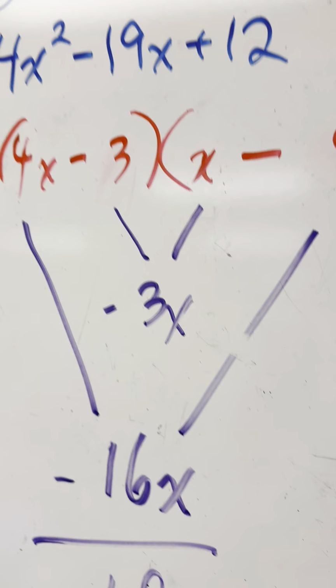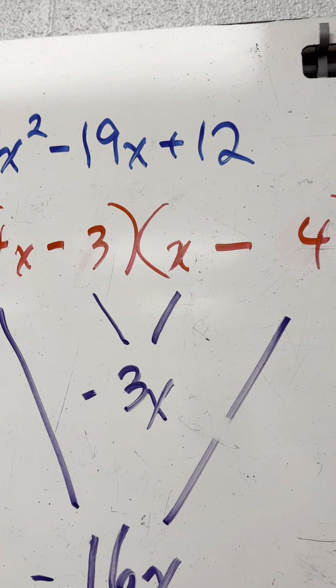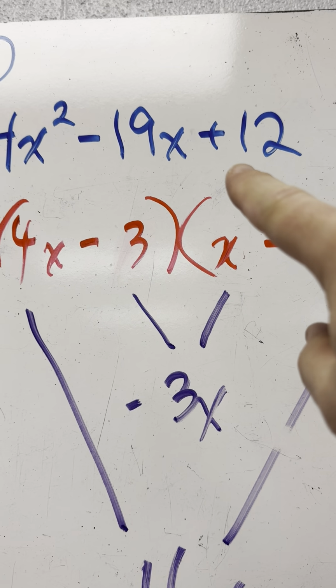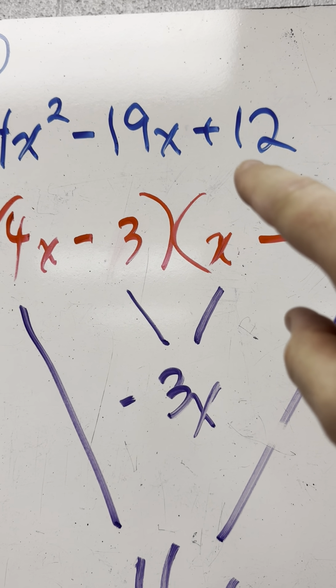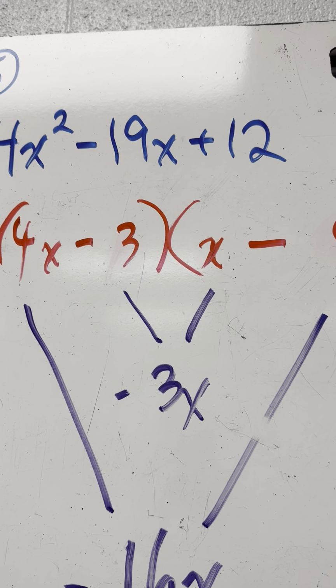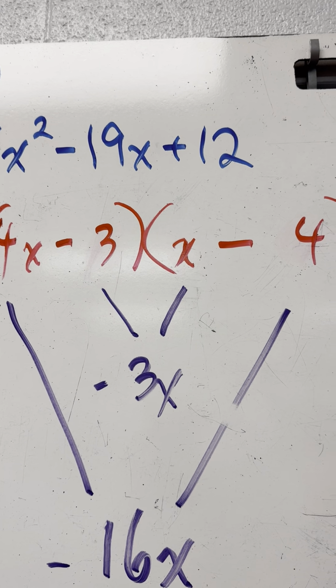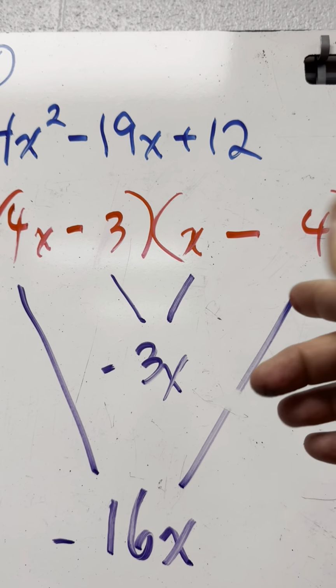So I'm now going to try 4 and 1. 4x and x. And now I'm going to start with 3 times 4. Because this is positive, I need a negative times a negative because that guy is negative. So if I try -4 and -3, I'll find that that won't work. So I'm going to flip the 3 and the 4.